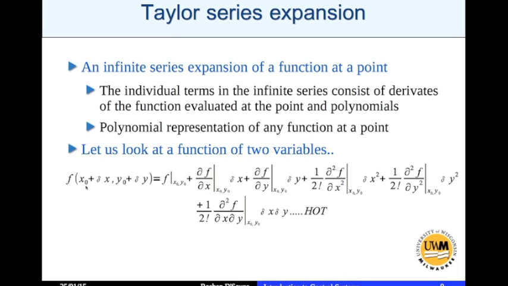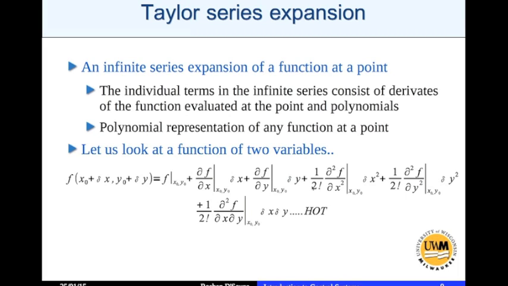So you are at x naught y naught, that's the operating point, and you want to go a little bit away from x naught y naught by delta x and delta y respectively, and that is given by f of x y evaluated at x naught y naught, plus the partial derivative of f of x y with respect to x evaluated at x naught y naught times delta x, plus the partial derivative of f of x y with respect to y evaluated at x naught y naught times delta y, plus 1 by 2 factorial.